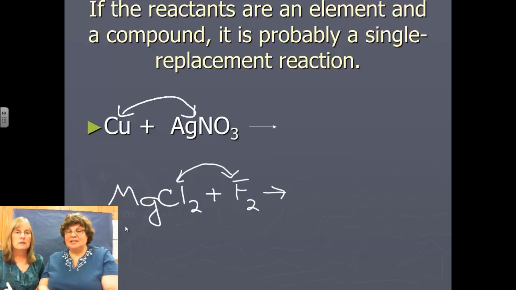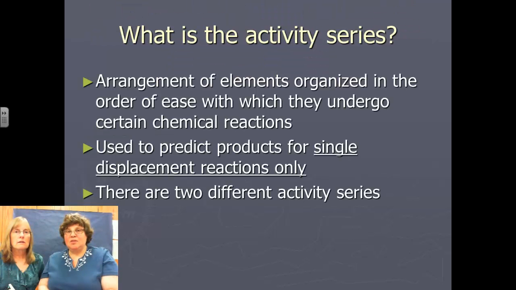The next thing with single replacement reactions is something that we call the activity series. It's a list of the metallic elements or the halogens. It's two different lists, organized in the order of ease with which they undergo chemical reactions.